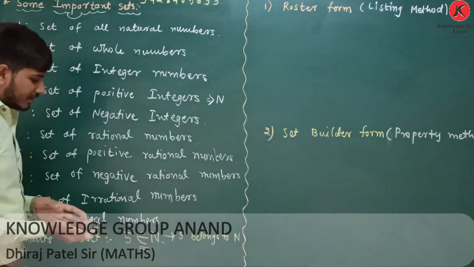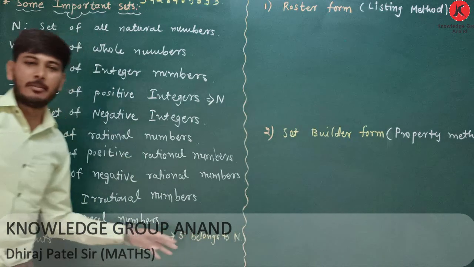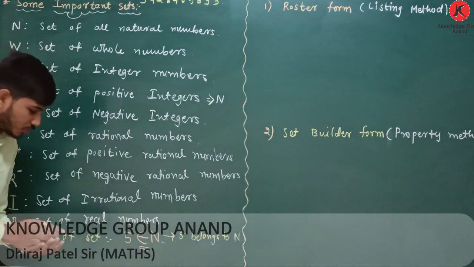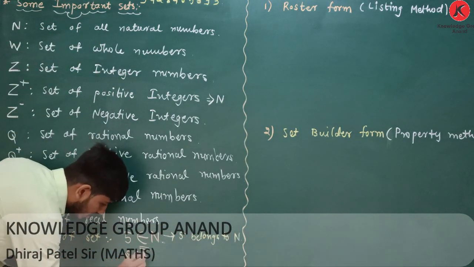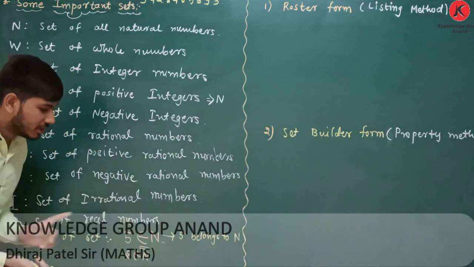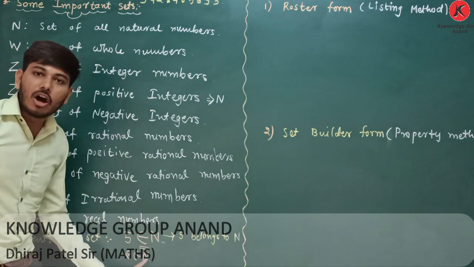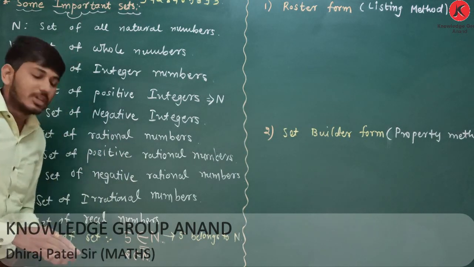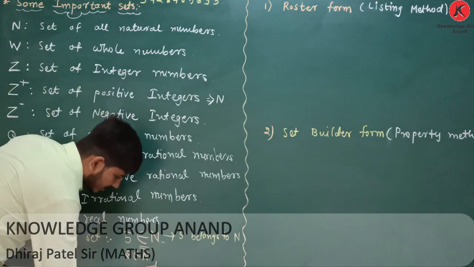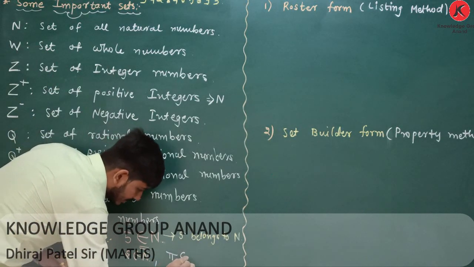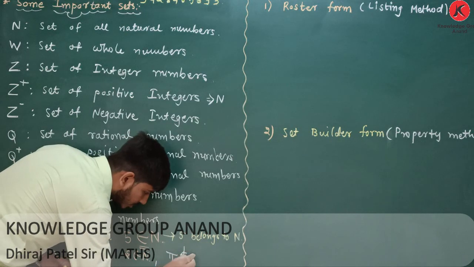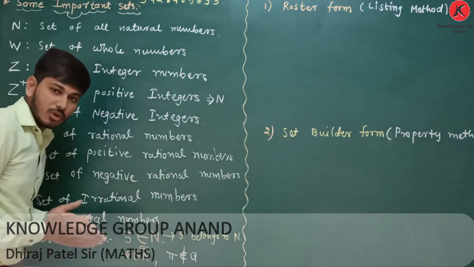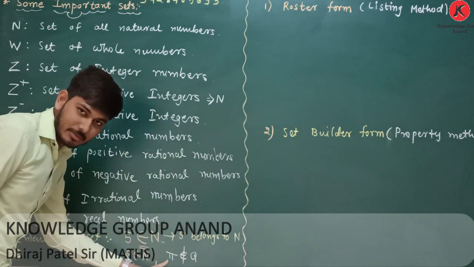5 is an element of set N. Same as 2 belongs to N. That means 2 is an element of set N. We can also say that pi does not belong to Q. We know that pi is an irrational number.